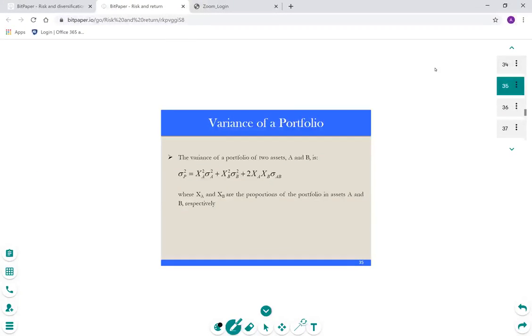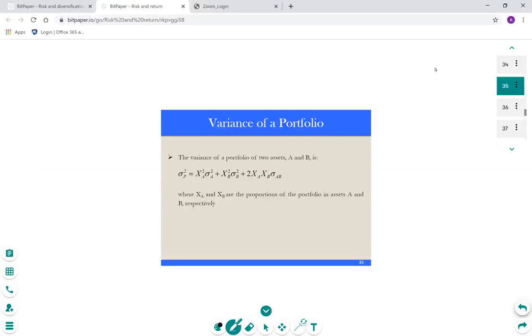Now the formula for the variance of a portfolio is a little bit more complicated because the variance is a higher moment than the mean. It's the second moment of a sample statistic, and so there's a more complicated formula for the variance of a portfolio, which is given here.